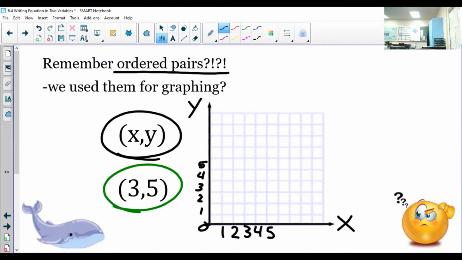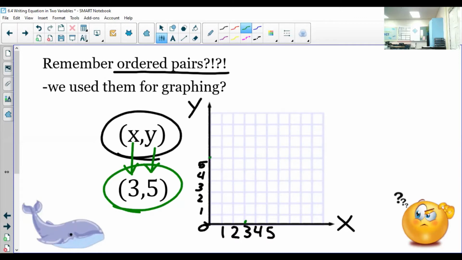Now in order to graph this, the first number is 3. That's the x, which means that will go on the x-axis right here. We're going to be in that column. And then my second number is 5. So I could go up 5 on my y and be right here, right?